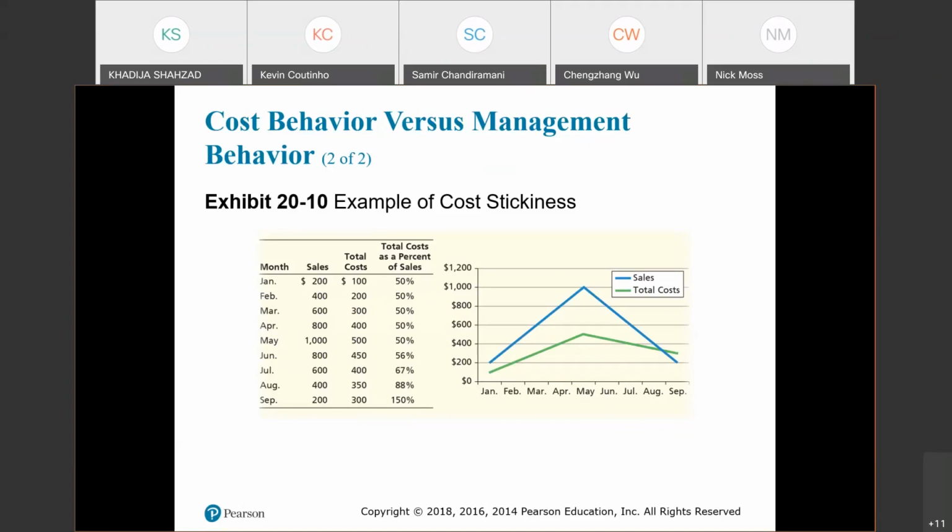You can see how the slope of the total cost line does not decrease at the same rate when sales decrease as it increases when sales increase. It decreases or increases at a different slope in the graph.